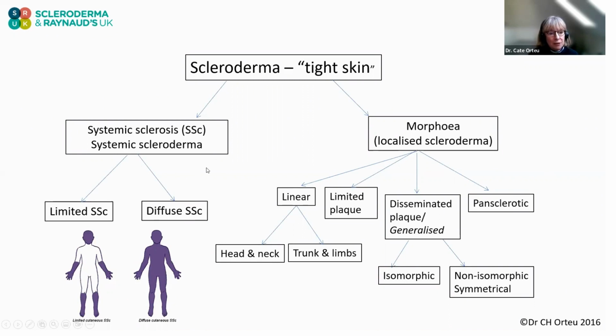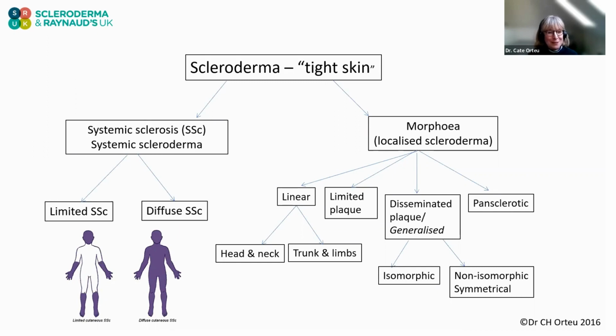And historically, it has been divided into limited and diffuse systemic sclerosis based on the extent of skin disease. In the limited disease, involvement is of the extremities, so tight, thick skin involving the extremities and the head and neck. Whereas in diffuse disease, it is much more generalized and can potentially be whole body.